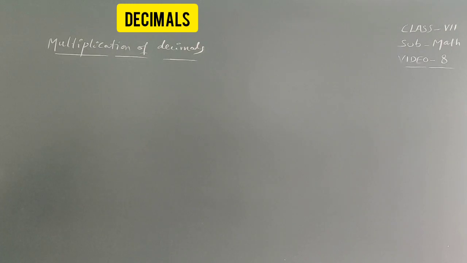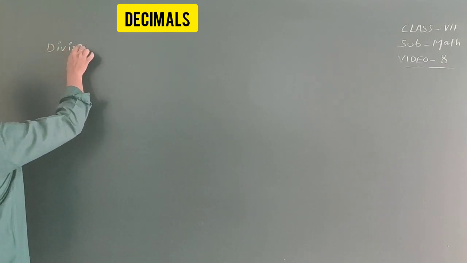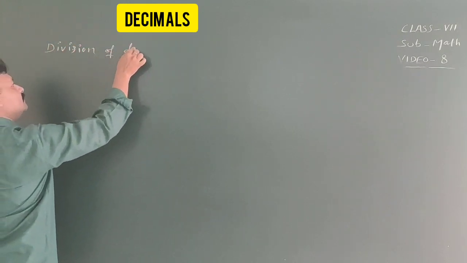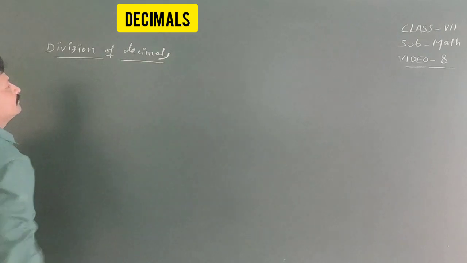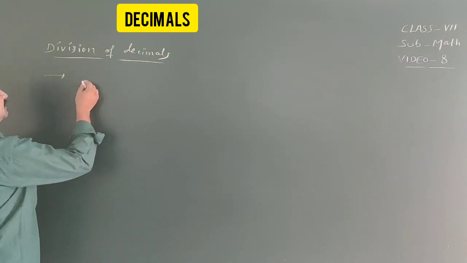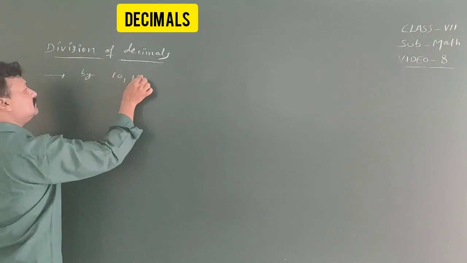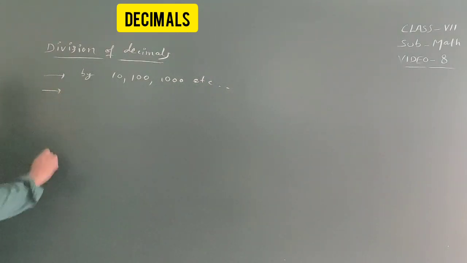Now, division of decimals. Division of decimals also shall come across three situations. First one, division by 10, 100, 1000, etc. Next one, division of a decimal by a whole number.